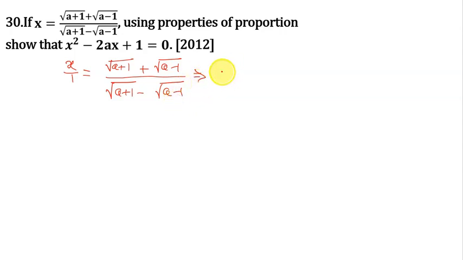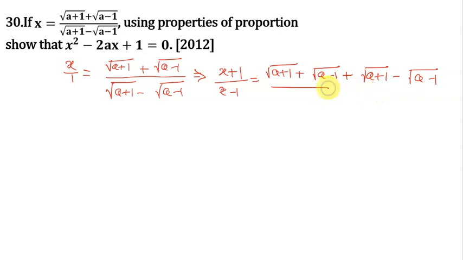If we apply componendo and dividendo, then you will have (x+1) upon (x−1) equals [√(a+1) + √(a−1) + √(a+1) − √(a−1)], and this whole divided by [√(a+1) + √(a−1)], and if we change the sign of the denominator, that is √(a+1) minus the next term, √(a−1).